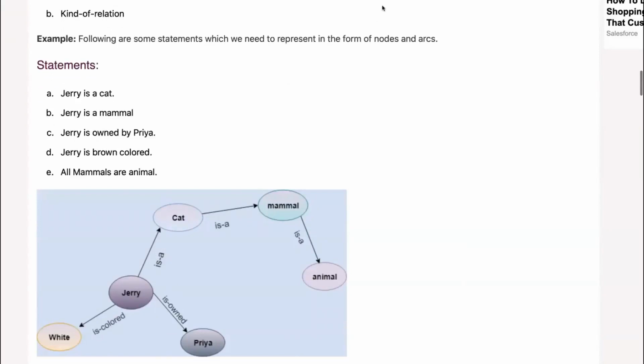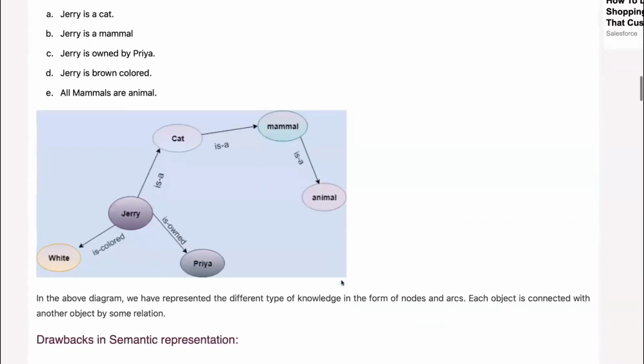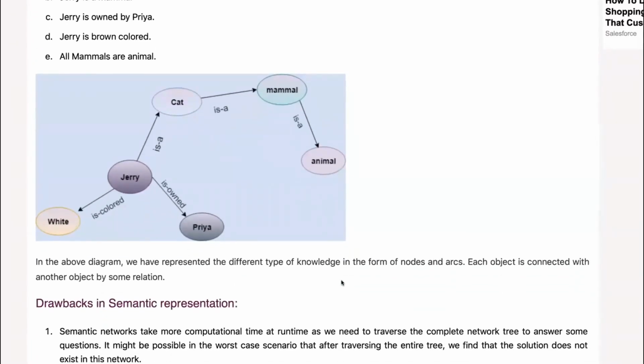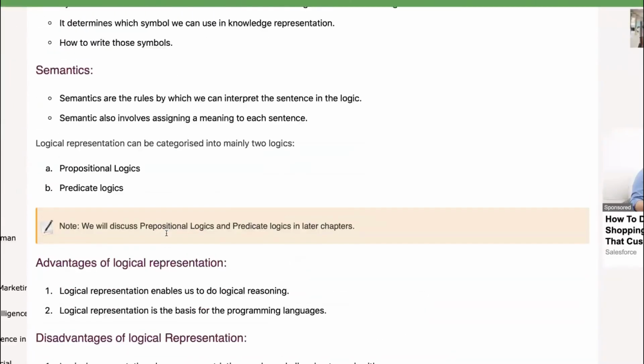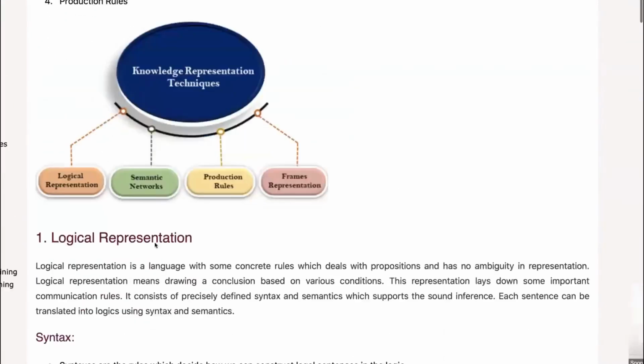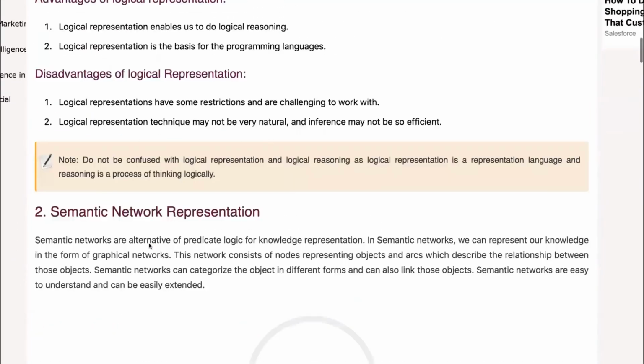Using this technique to represent knowledge in your AI machine, which will be translated into a program. So it's representing knowledge in terms of semantics, or the other one, representing knowledge in terms of logic in a machine.